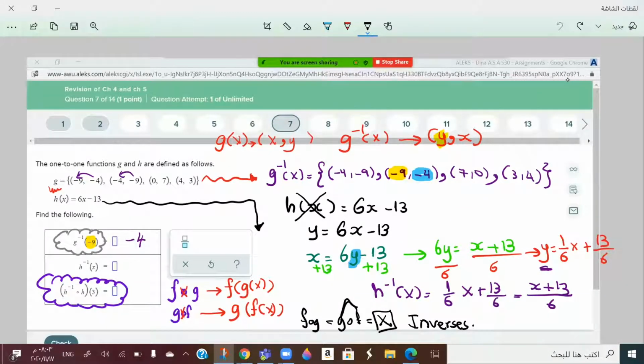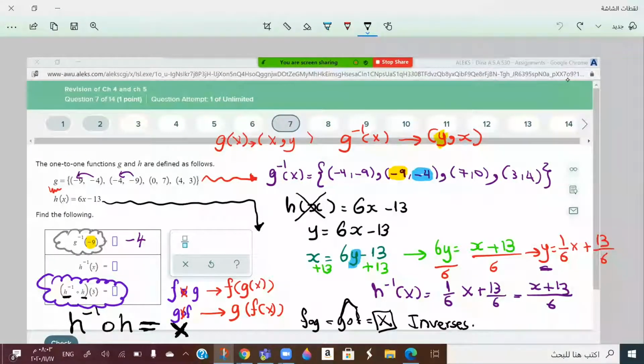So we already know that H inverse is the inverse of H and vice versa. That means, because H inverse is an inverse for H, when we do this, we should get the function of X only.